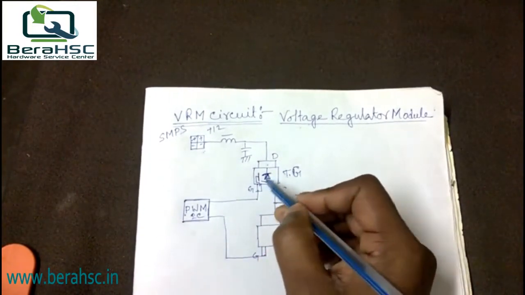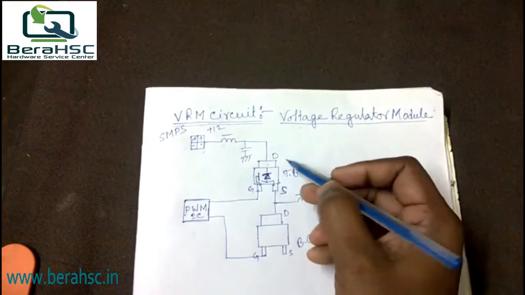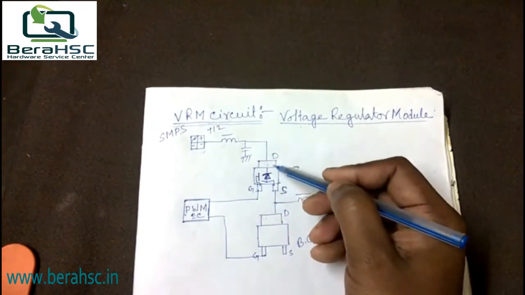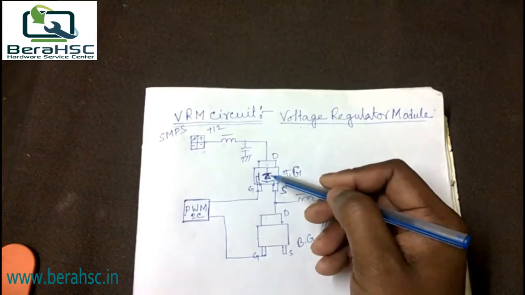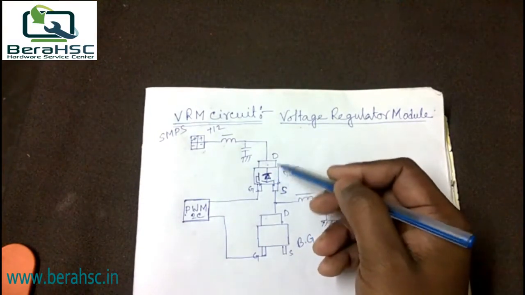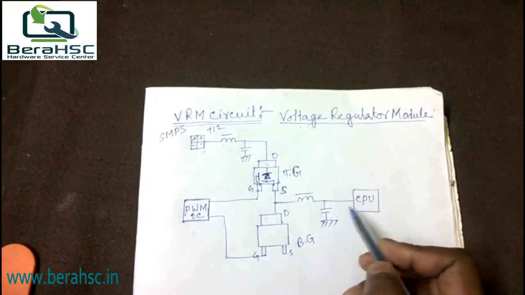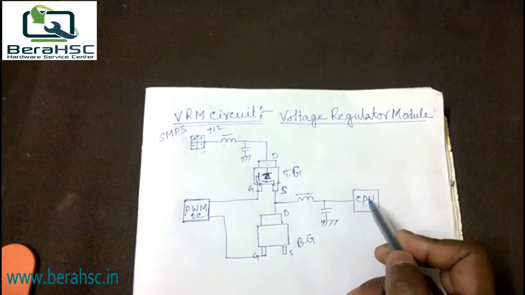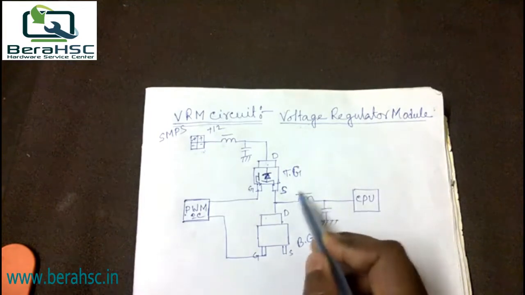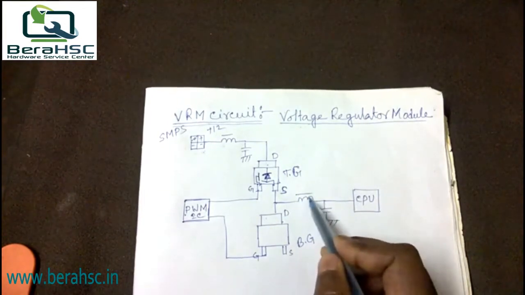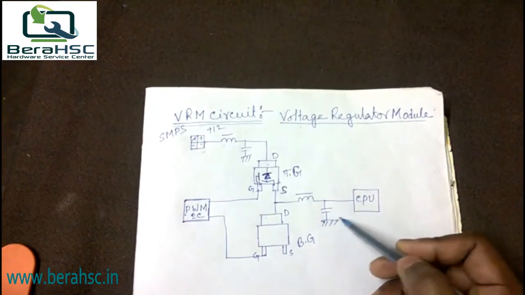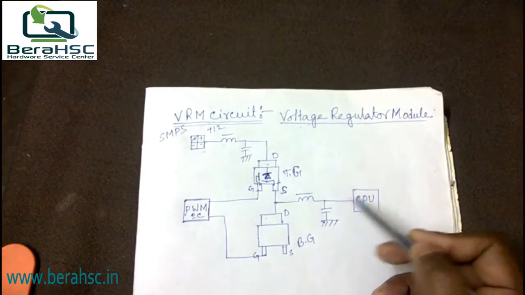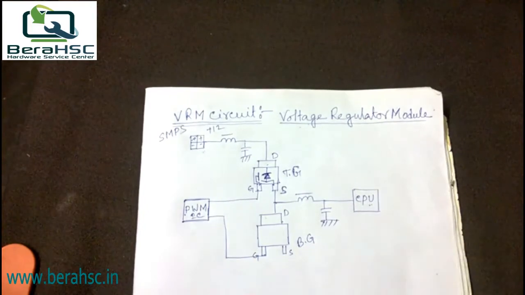This is the diode and this is the gate section. This 12 volt goes to the N-channel MOSFET. After that, this 12 volt is converted to the required CPU voltage and provided through the output coil and output capacitor. Then this voltage reaches the CPU.